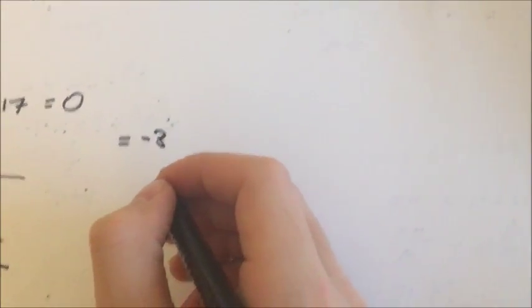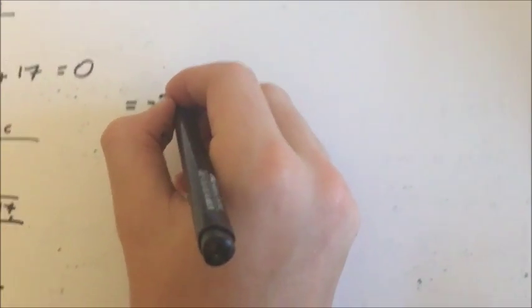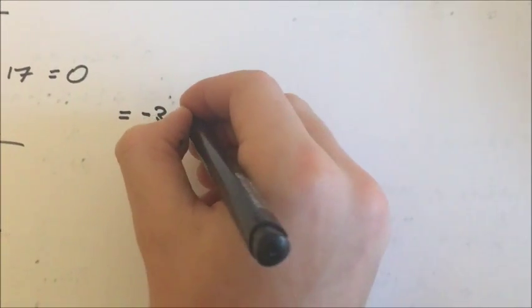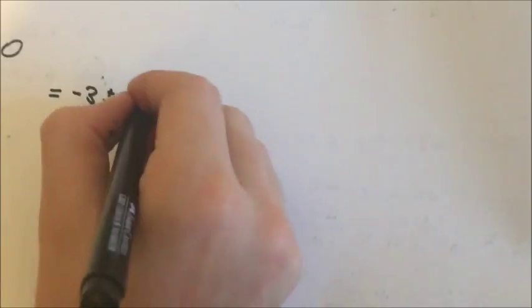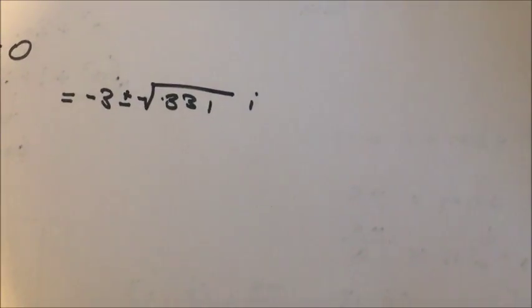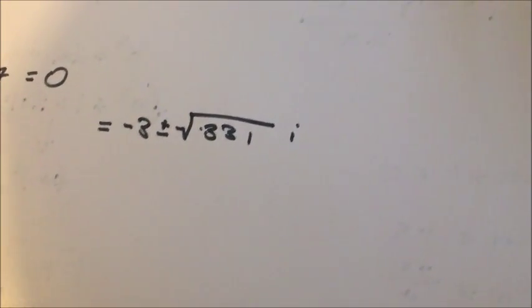And that gives us... Ooh, okay, we're going to break into complex numbers here. So, plus or minus the square root of 331 times i. i is, of course, the square root of negative 1. And I'm going to have to break out the calculator for this one.